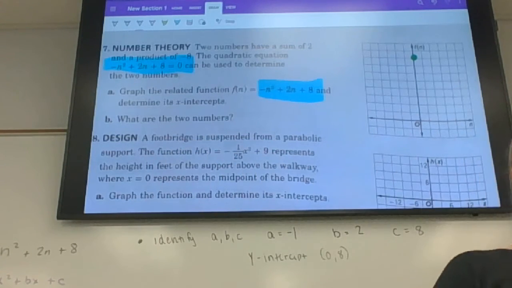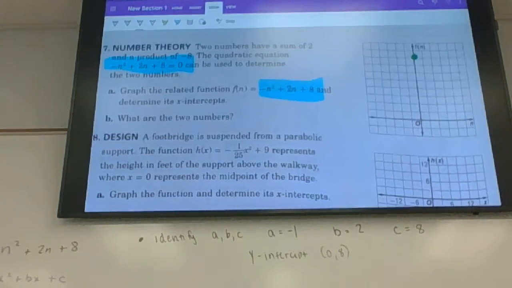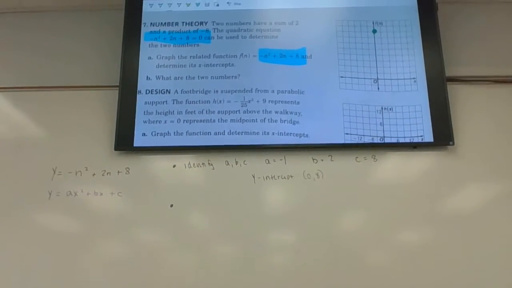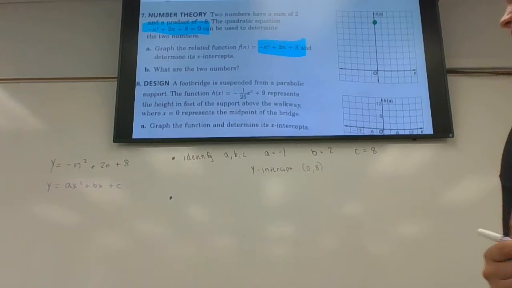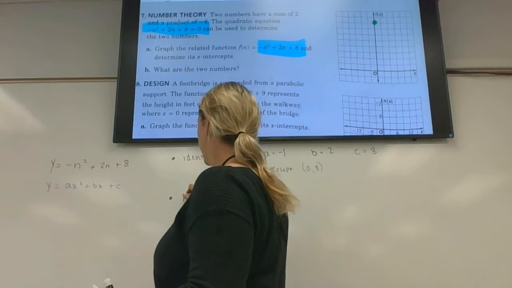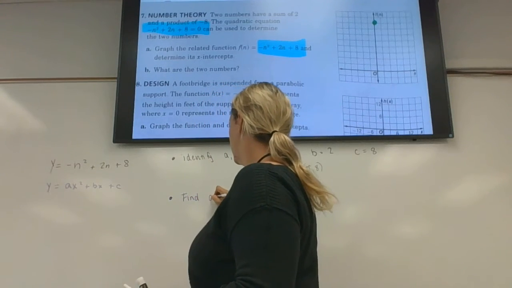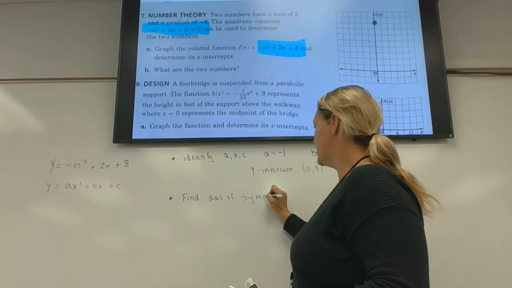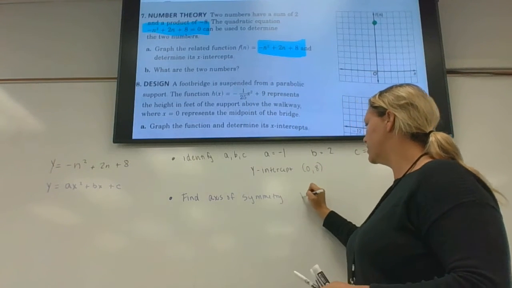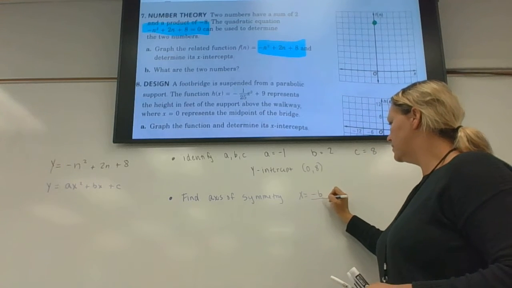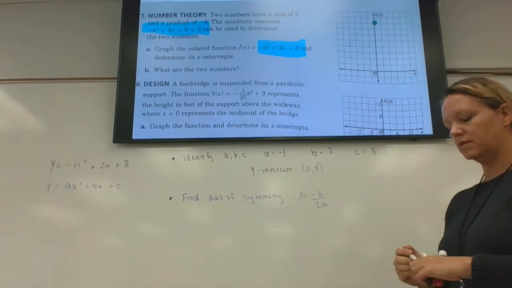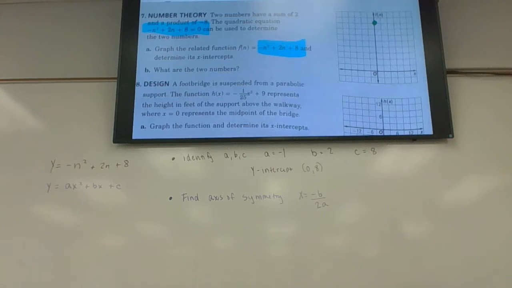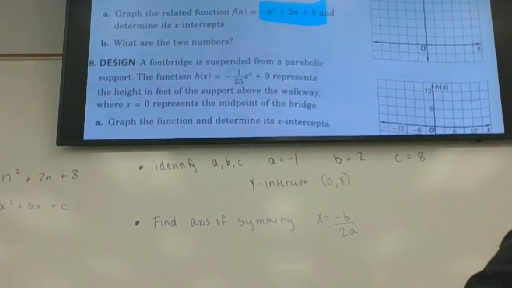Alright, what is the second step on the blue paper, Ada Marie? Find the axis of symmetry, and how do we do that? This is where your memorized formula comes in. So I'm going to give you a minute to do that before I do it. Go ahead and do -b over 2a.